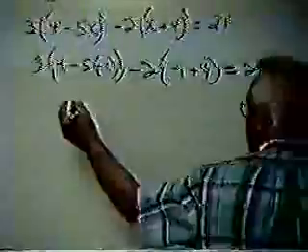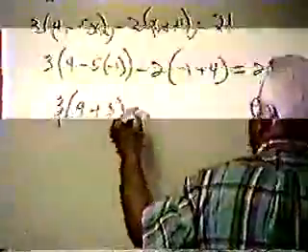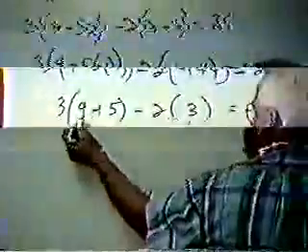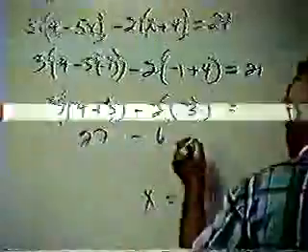Well, let's see. This would be 3 times 4 plus 5 minus 2 times 3. Well, this is 9. 3 times 9 is 27 minus 6, and sure enough, it is equal to 21, and therefore, that is our solution.